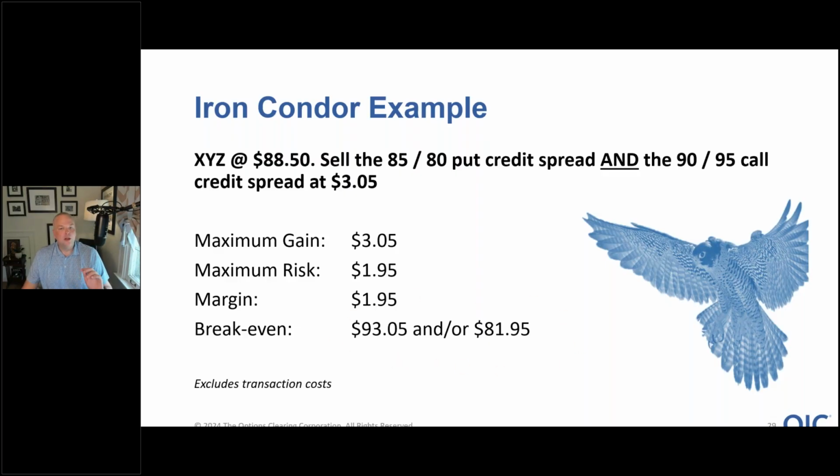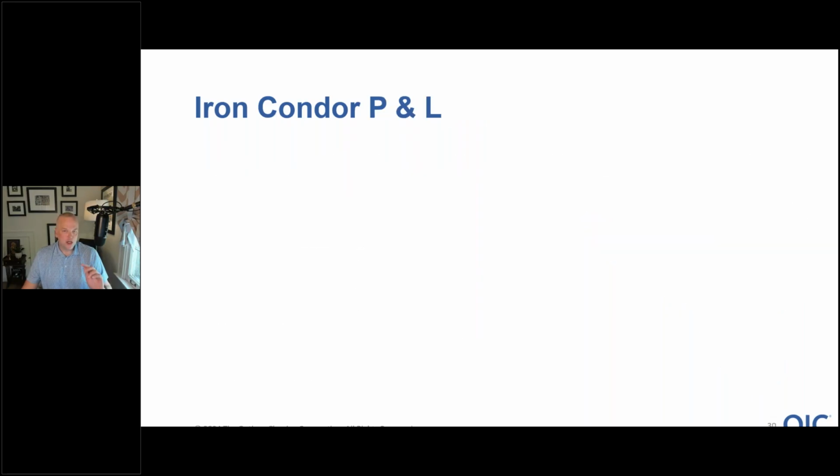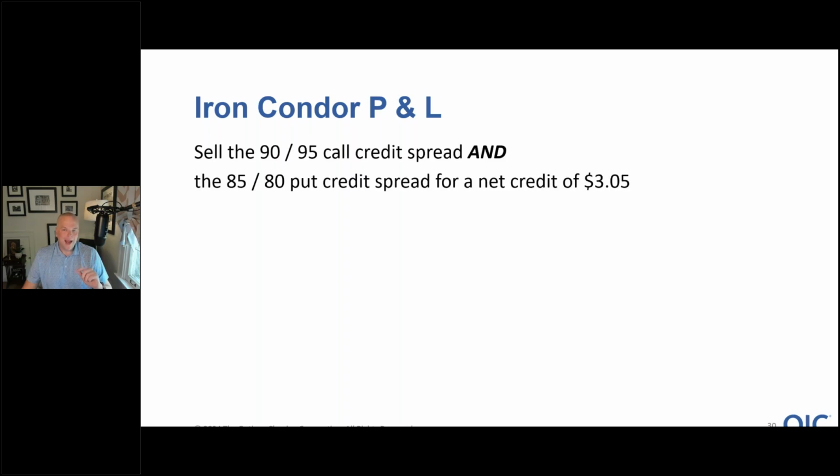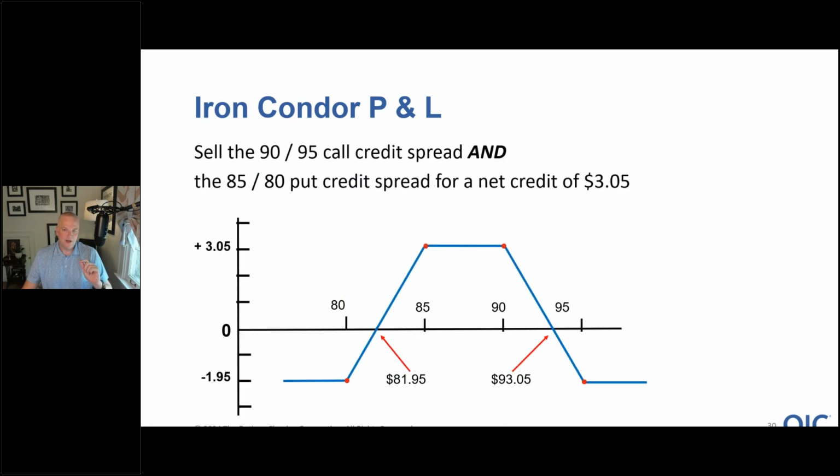Now, what does that look like from an actual P&L chart? It looks like the combination of the call spread and the put spread together. You'll recognize this because this is your put spread and this is your call spread. And you've basically traded both of them. What they create is a plateau in the middle.